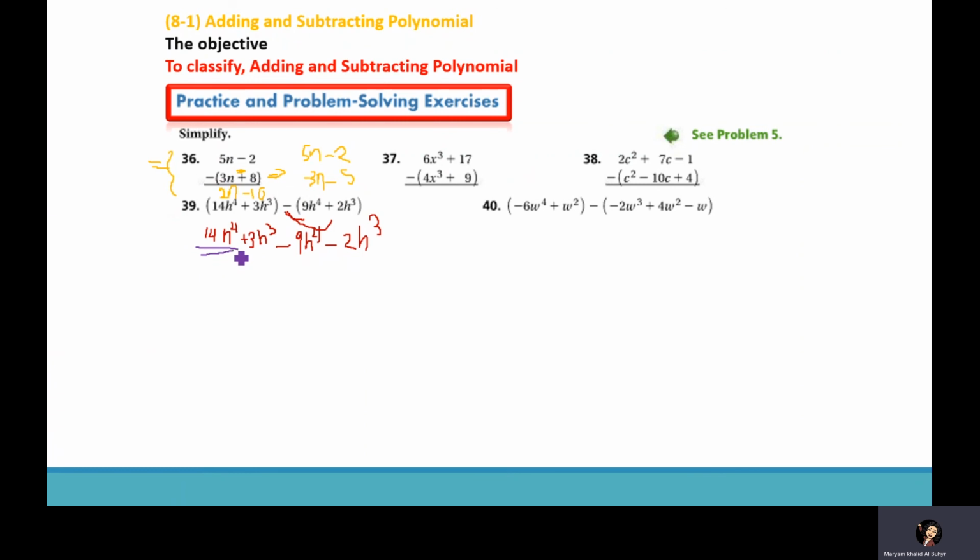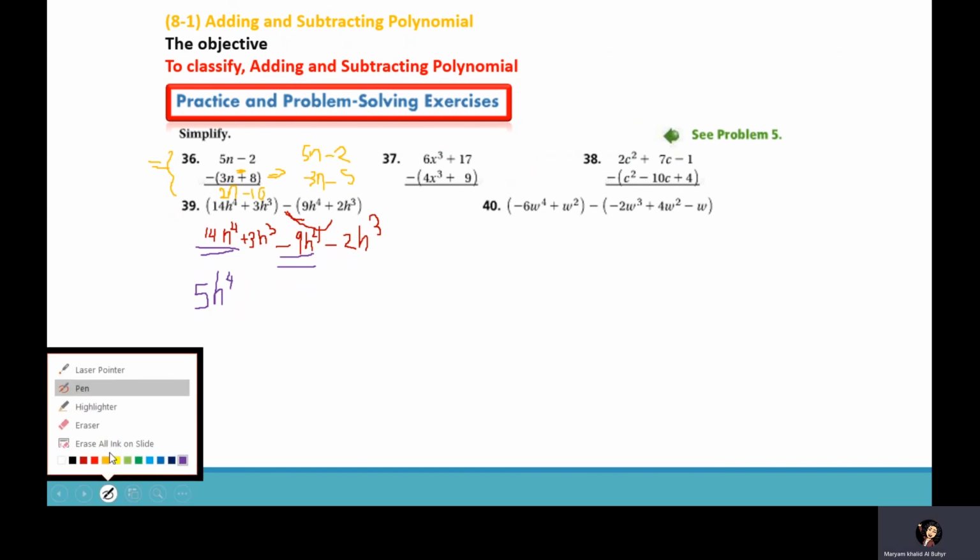So 14h to the power 4, it is like this term, negative 9h to the power 4. Since they have different signs, I'm going to subtract them. Once you subtract them, you will have positive 5h to the power 4.